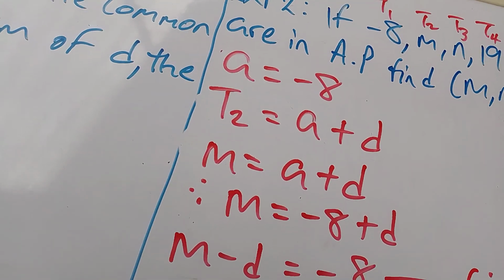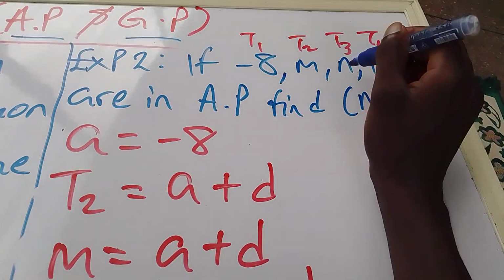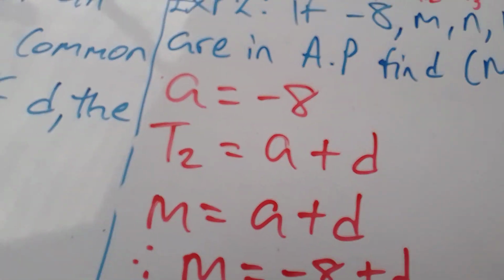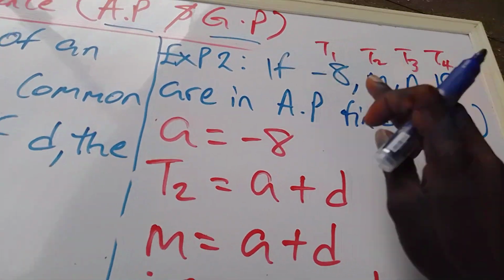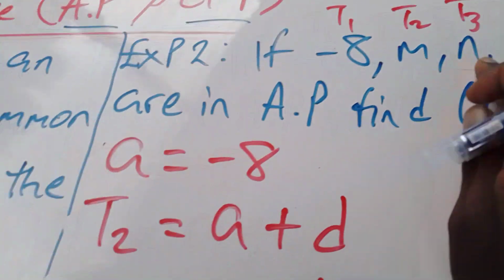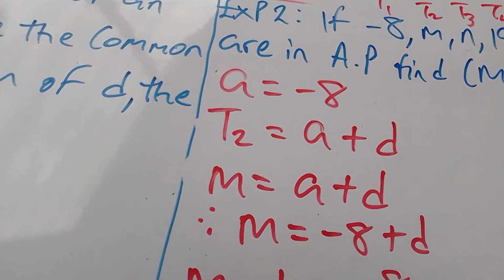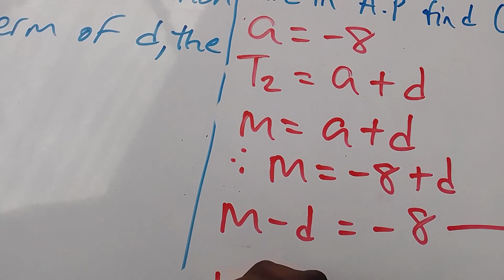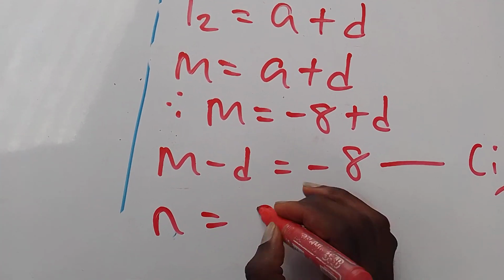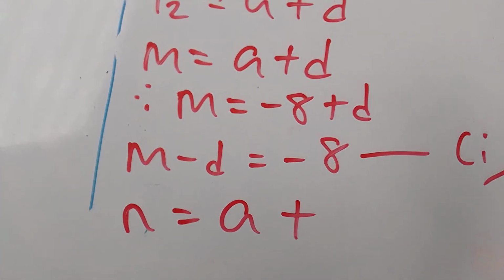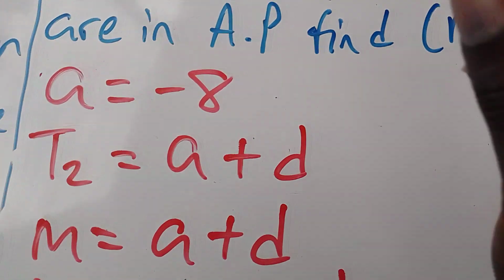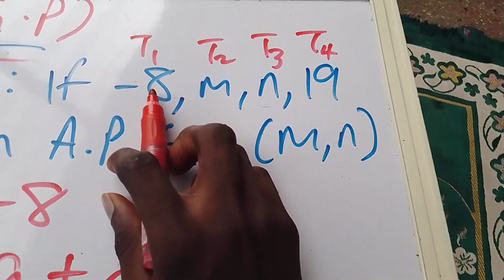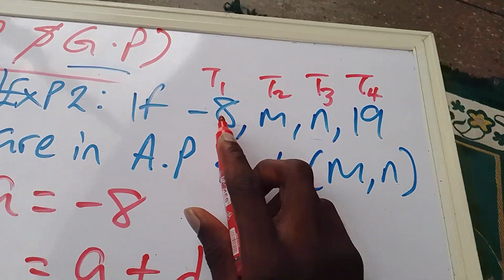If you want to move forward and find your n, how do you find it? Very simple. This is T1, T2, T3, so n is T3. I can say n is equal to A plus, now what D? Is it 2D or 3D?